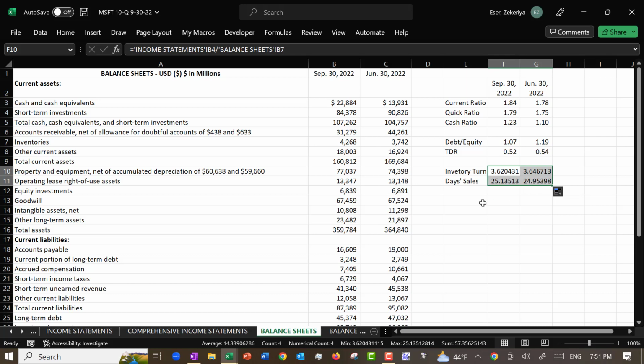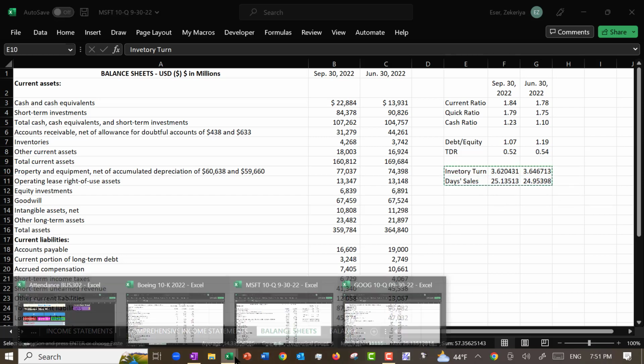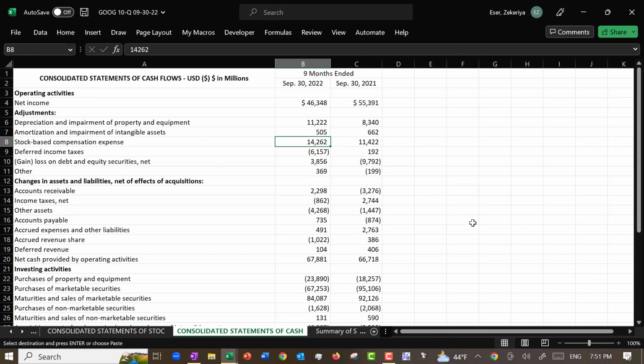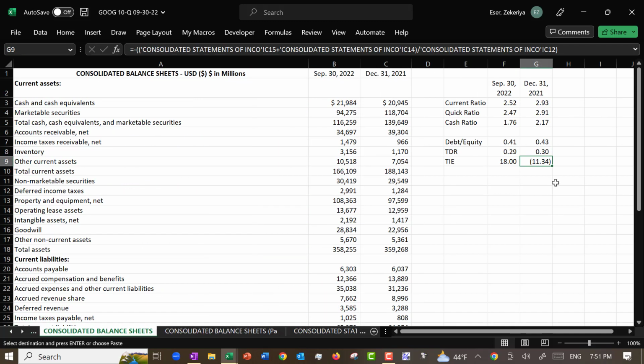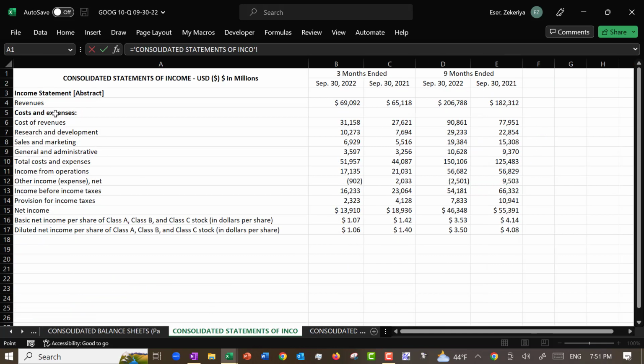So let's calculate the same numbers for Google. Let's get cost of revenues divided by inventory.